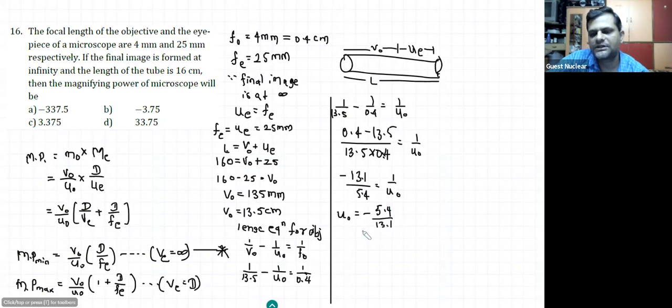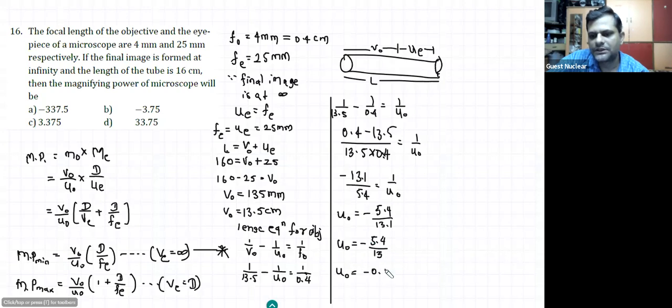13.1 can be taken as 13 approximately. So finally UO is obtained to be minus of 5.4 upon 13. How much does it come out to be? 5.4 upon 13. If we look at the table of 13, then 13 zeros are, and then 54 is left.